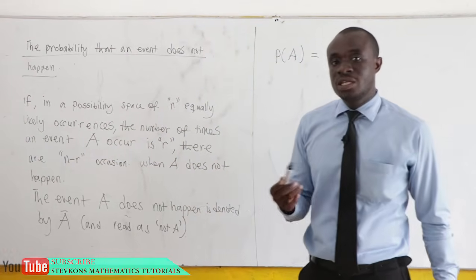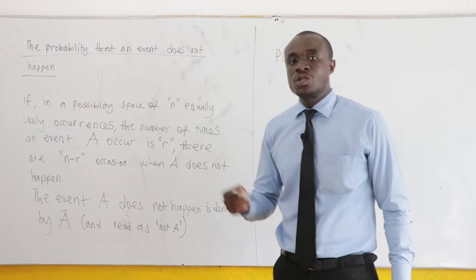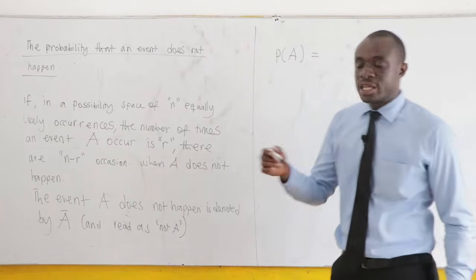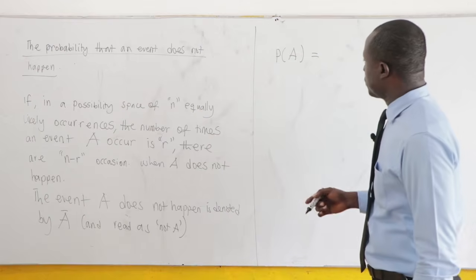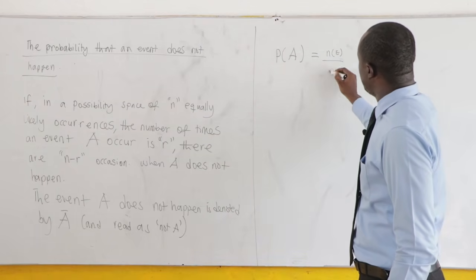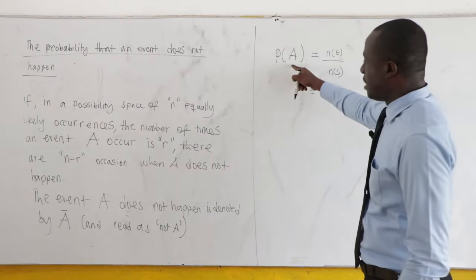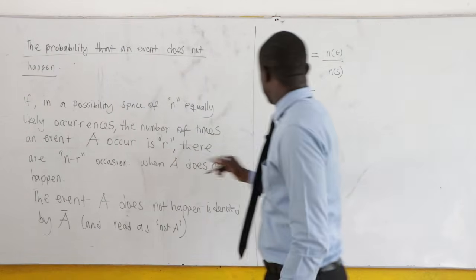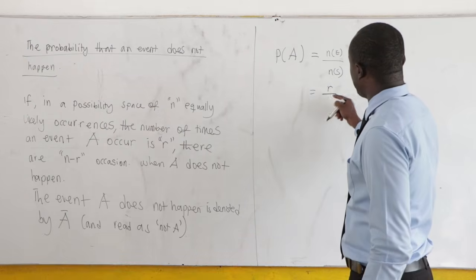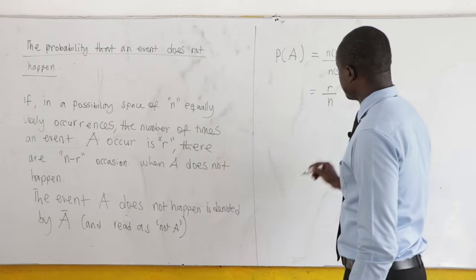The number of ways in which A occurs over the number of ways in which all equally likely events, including A, can occur. So that is the number of events over the size of the sample space. The number of times that A is occurring is R, so we have R over n.